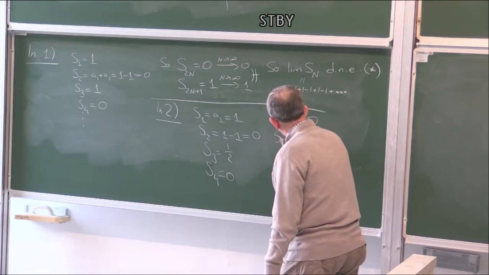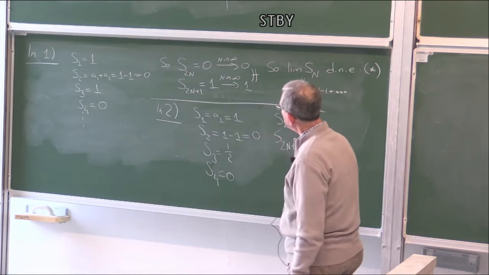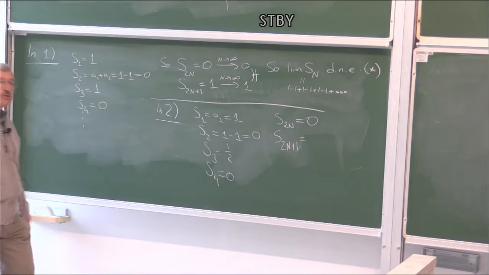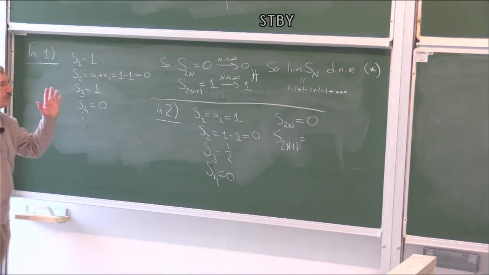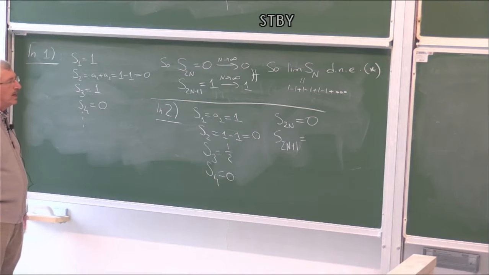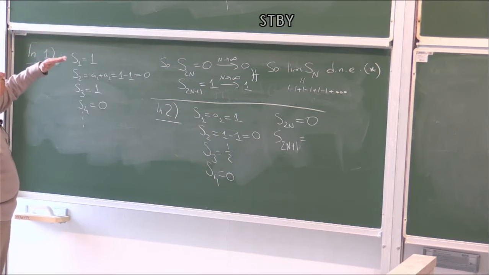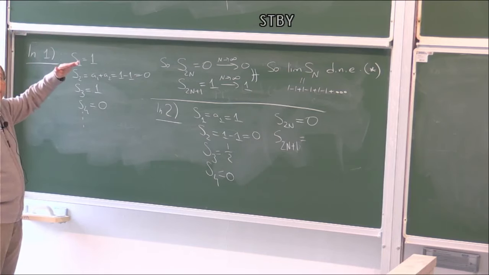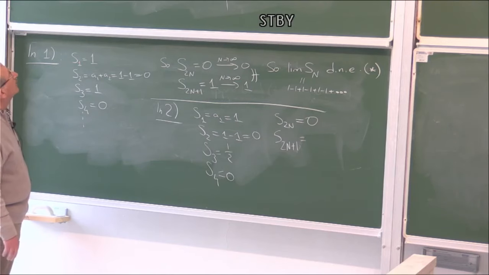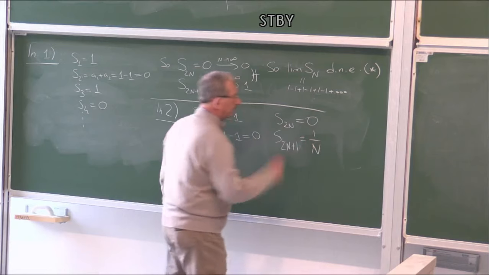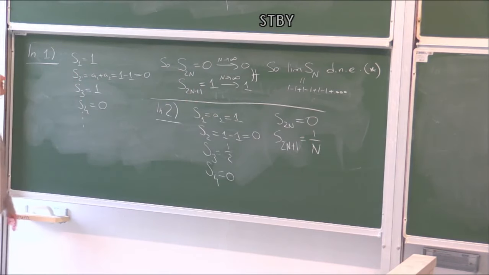S2n plus 1. This means you add all terms with indices 1, 2, 3 up to 2n plus 1. But the first 2n of them add to 0, and you have the next term. It is, as you can see, 1 over n.